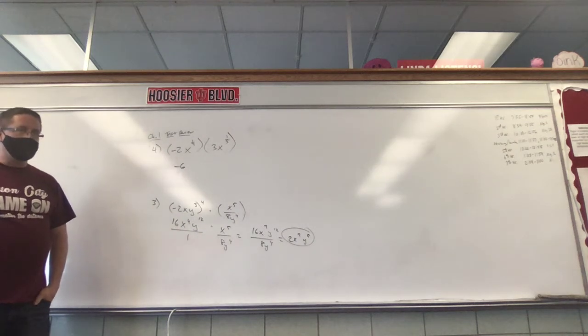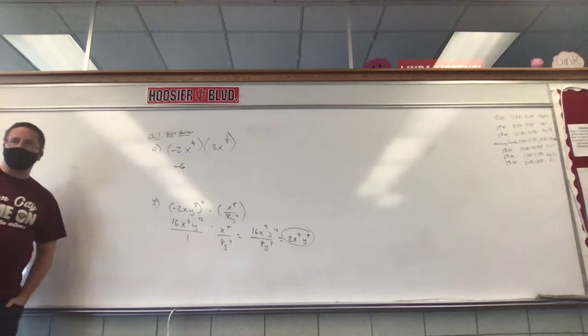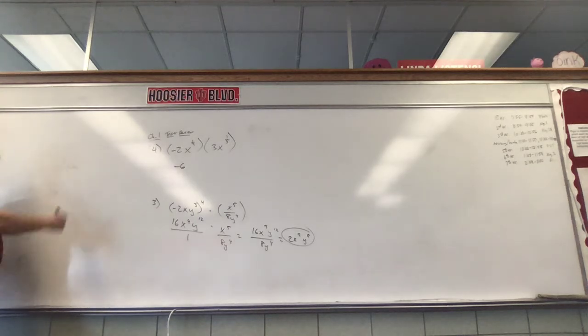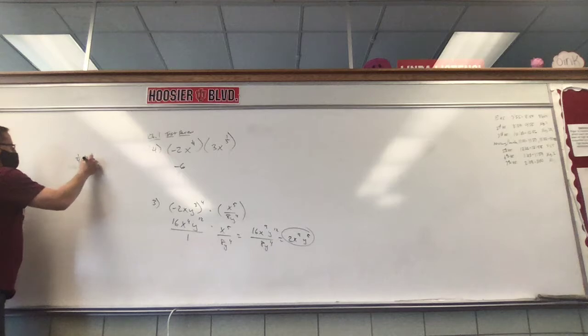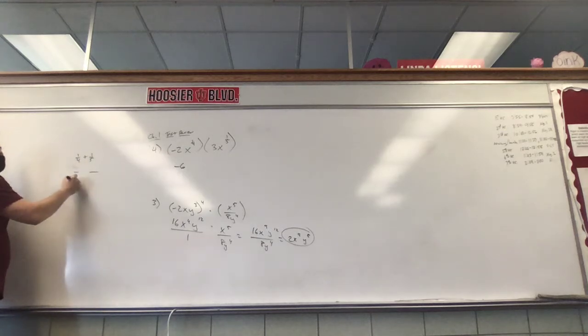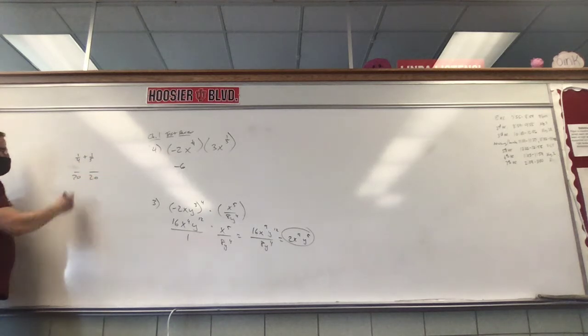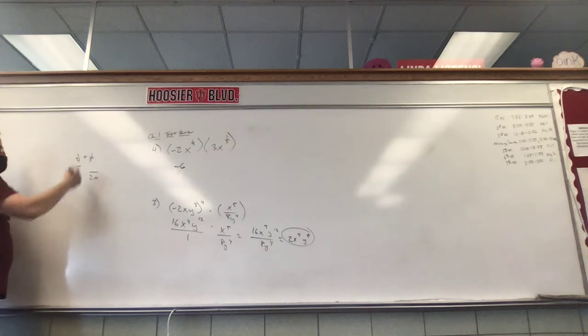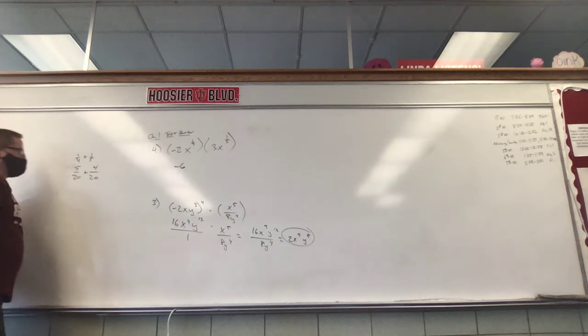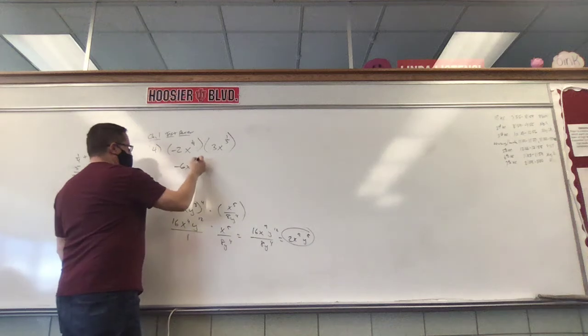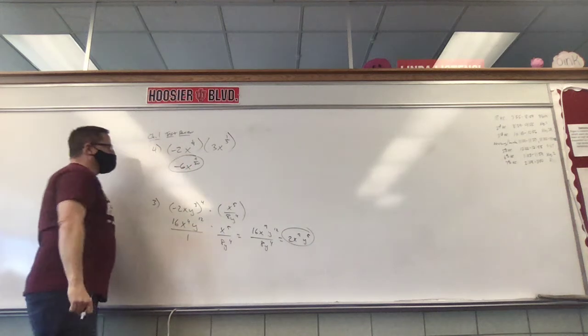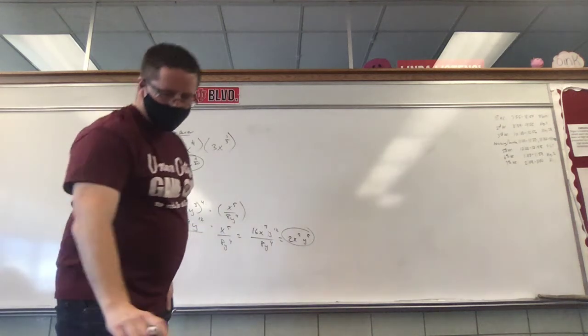When you add fractions, do you need a common denominator? Yeah, you do. 1/4 plus 1/5. What's your common denominator? 20. How do you turn a 4 into a 20? Times 5. How do you turn 5 into 20? Times 4. So we have 9. X to the 9 over 20. Negative 6x to the 9/20ths.